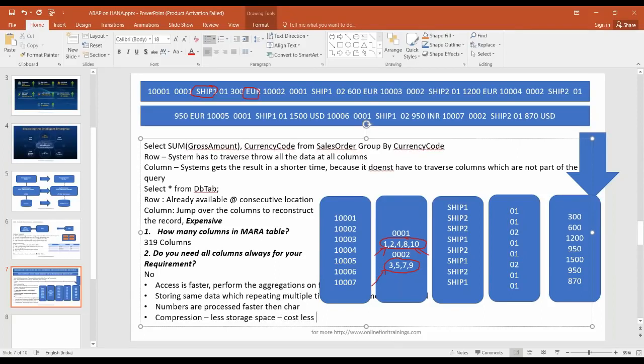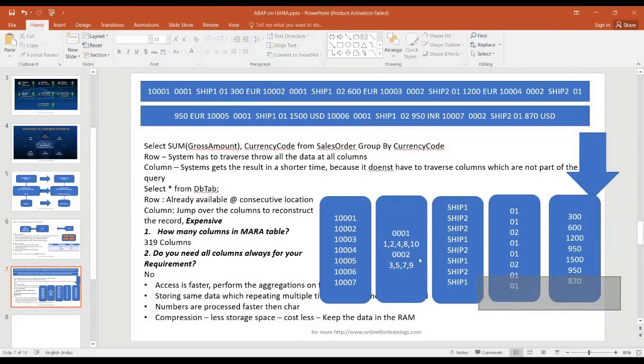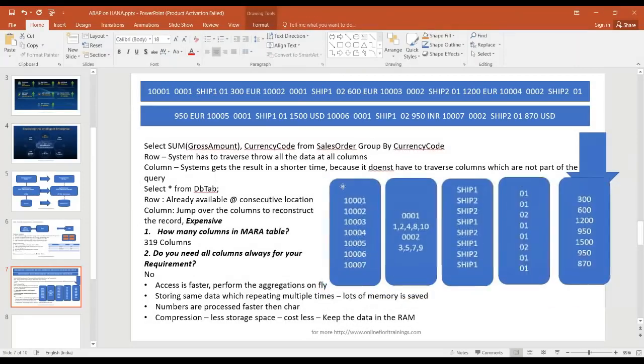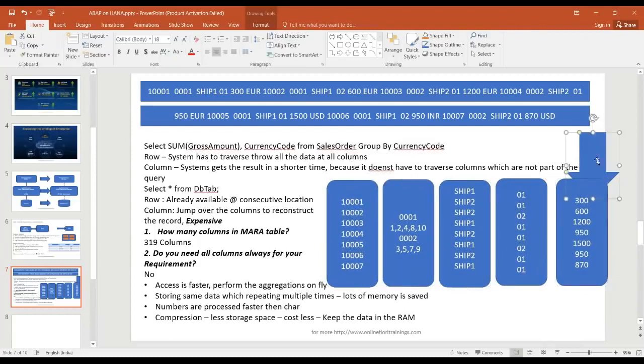As a result, you can keep the data in the RAM, which could be considered costly, but not that costly because hardware innovation is there, and you can store this data at a much cheaper rate in a lesser amount of space. Your memory footprint can drastically come down.